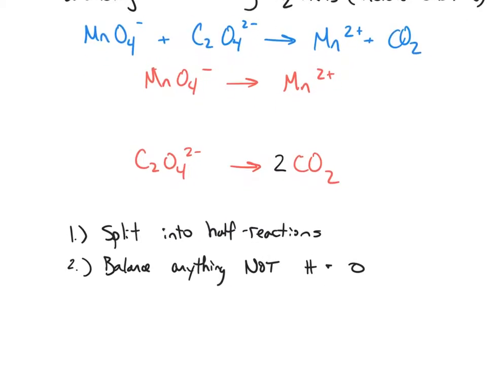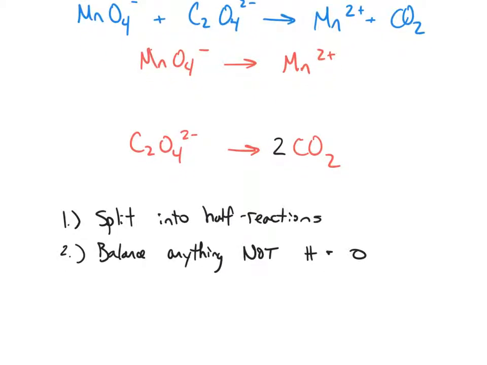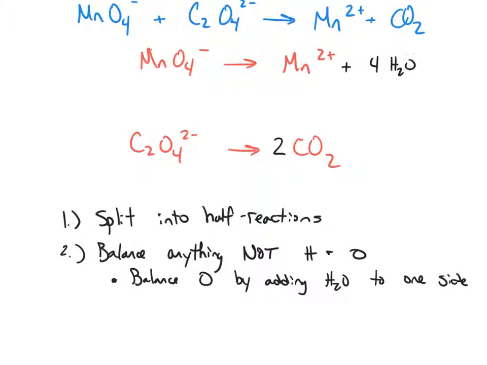Now I'm going to scroll up to give myself a little bit more room to jot in my rules. But underneath rule number 2, I'm going to then start balancing the oxygens and hydrogens. For this top reaction, I'm going to balance the oxygens by adding O to one side in the form of water. So on the product side of this manganese, I'm going to add 4 H2Os because that's going to add 4 O's to the product side of the manganese half reaction.